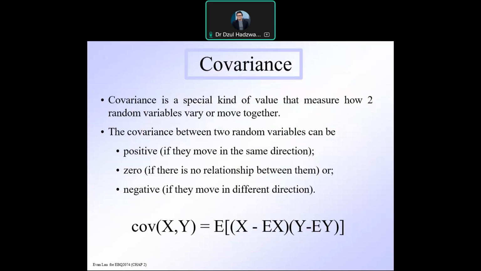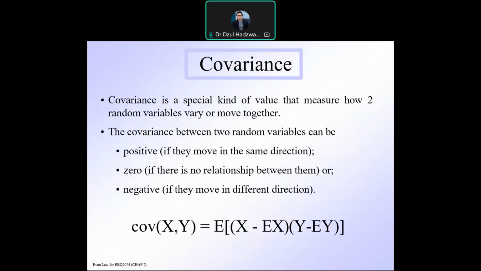Because a positive value for covariance means that these two variables move in the same direction. So if it's zero, there is no relationship. Okay, if negative, there is a different direction.